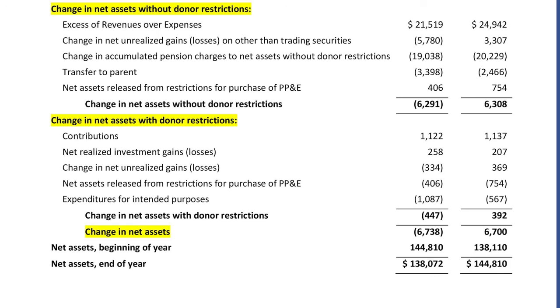Now the starting point for the change in net assets without donor restrictions is the excess of revenues over expenses. This was the performance indicator that we had on the statement of operations. Or write the mnemonic NONE and circle E because this was the E of none.